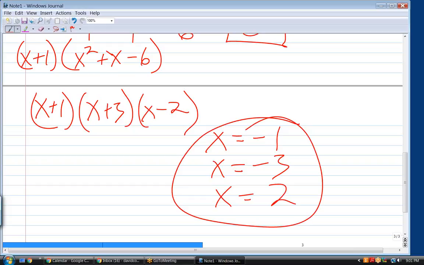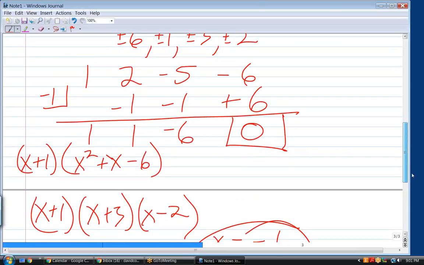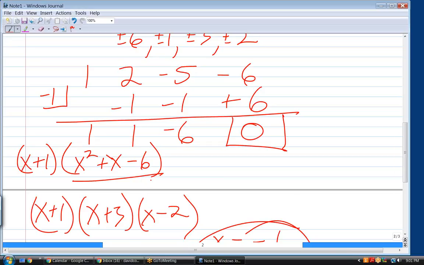Oh, that's how. Okay. Once you find the first rational factor, which we did by using minus 1 in the box, the remainder of 0 tells us that x plus 1 is a factor of that polynomial. And when you divide that polynomial by x plus 1, you get this. Oh, okay.